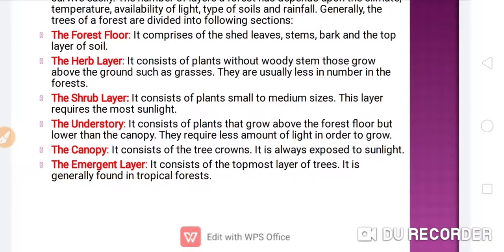Now the next point, the understory. What is the understory? It consists of plants that grow above the forest floor but lower than the canopy. They require less light in order to grow. Now the next point, the canopy.